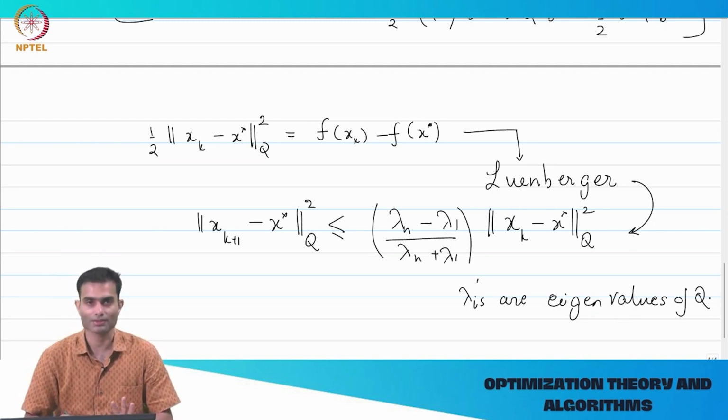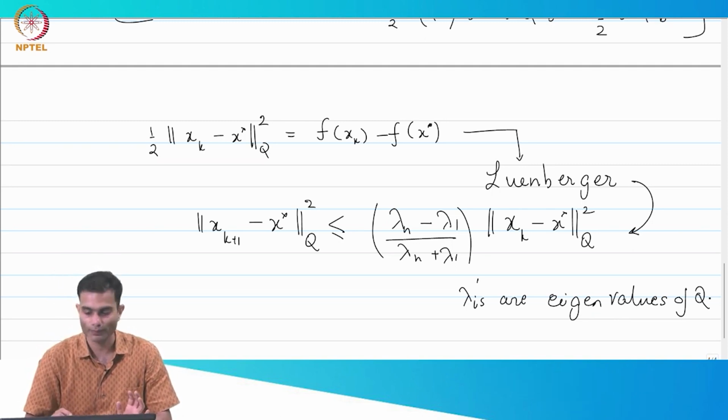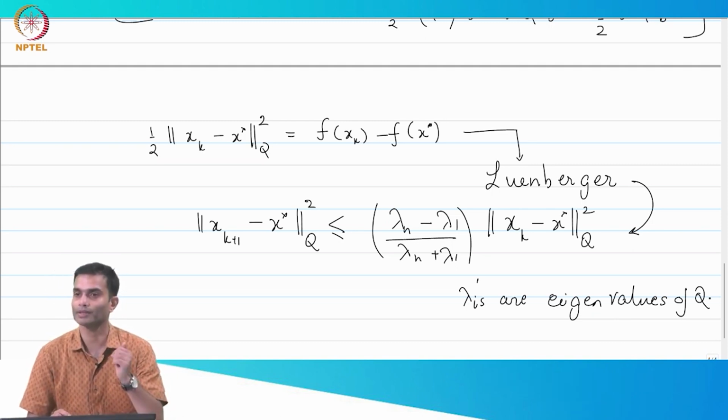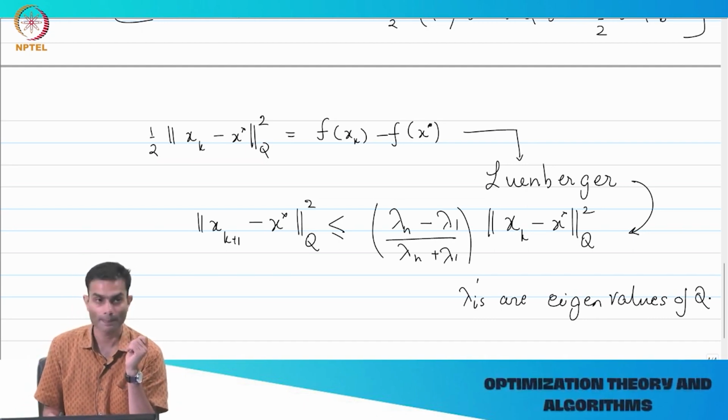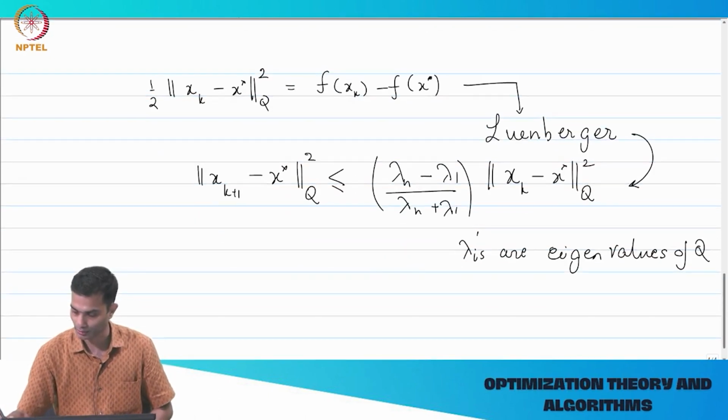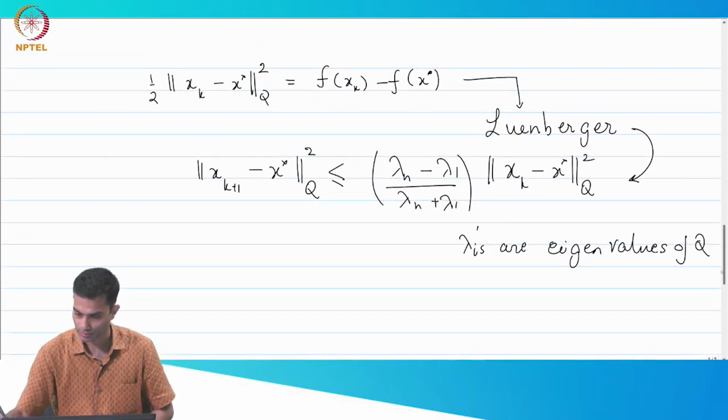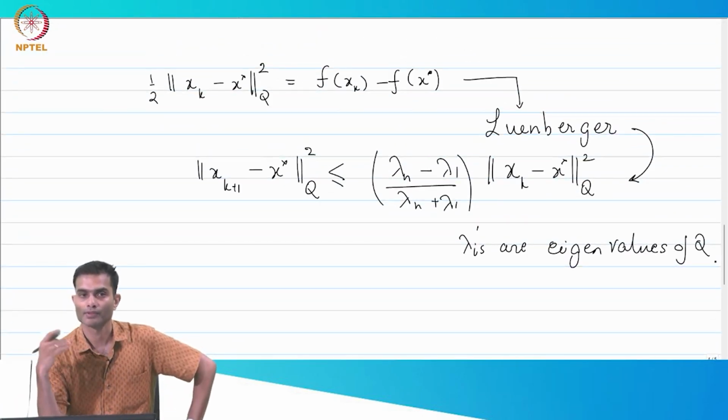Okay, so now this is a very, very useful result, because if you look at the definition of linear convergence, what was the expression that you had? What was the ratio that we had when we spoke about linear convergence? The ratio of what to what should be less than something?